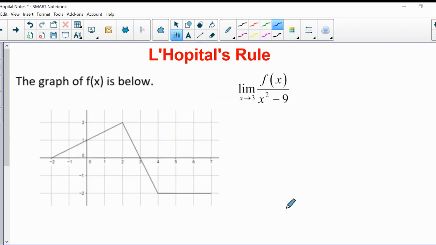Our next example has both a graph and a function in the denominator. So we'll again start by finding the limit of the numerator and denominator separately. In the numerator, we are finding f of 3, which is our y value of 0.